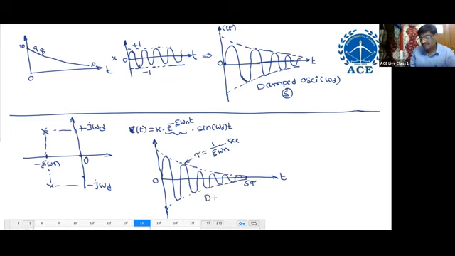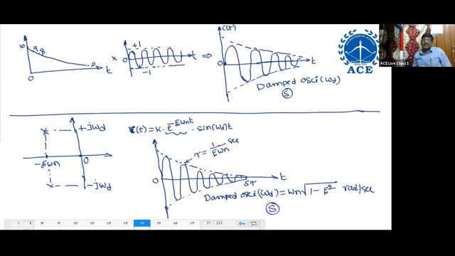These are called damped oscillations denoted by omega d. What is omega d? Omega n root of 1 minus zeta square, in radians per second. The system is 100% stable. So what is the final conclusion?